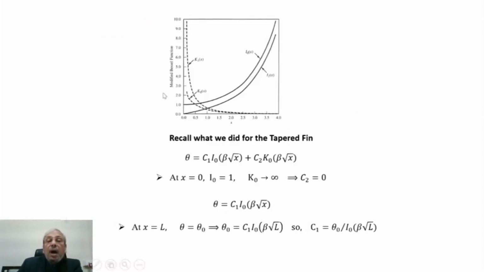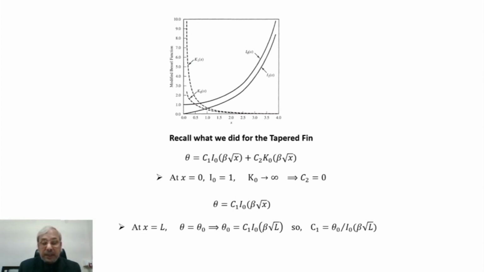And we have also in our last lecture studied some recurrence relationships. We have seen the derivative of I naught is I1, and how I naught varies with x, the argument, how I1 varies with x, how K naught varies with x, how K1 varies with x.